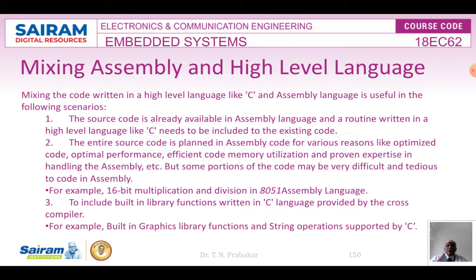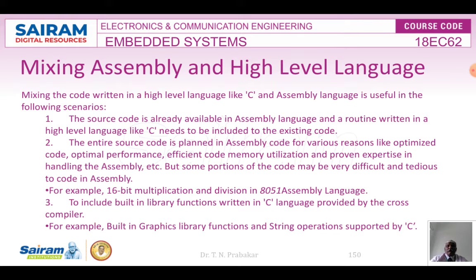Mixing code written in a high level language like C and assembly level language is useful in some scenarios. For example, when the source code is already available in assembly language, and a routine written in the high level language needs to be included into the existing code. Here, what I am going to do is mix the assembly level into a high level language program.